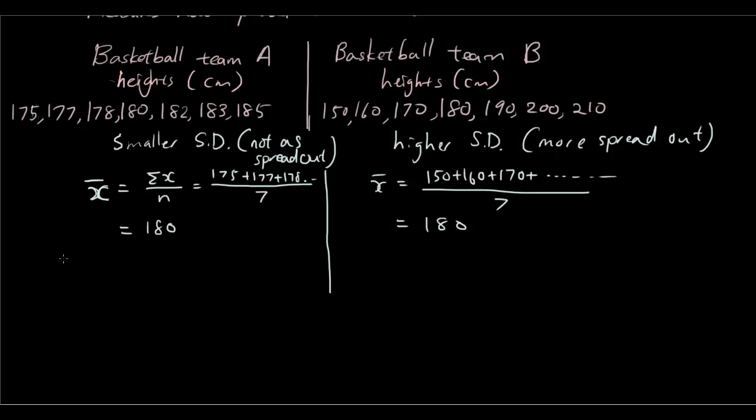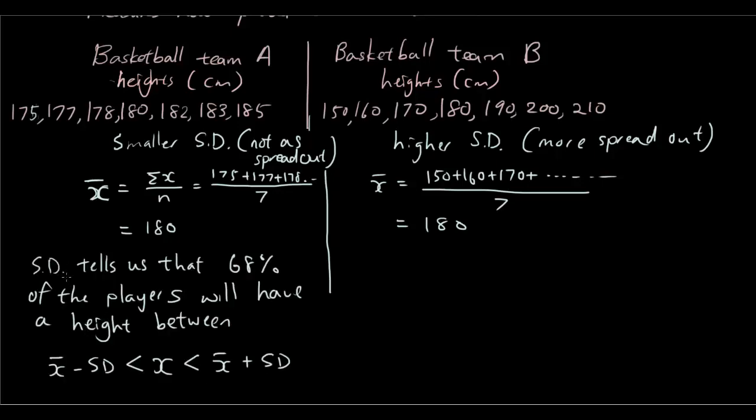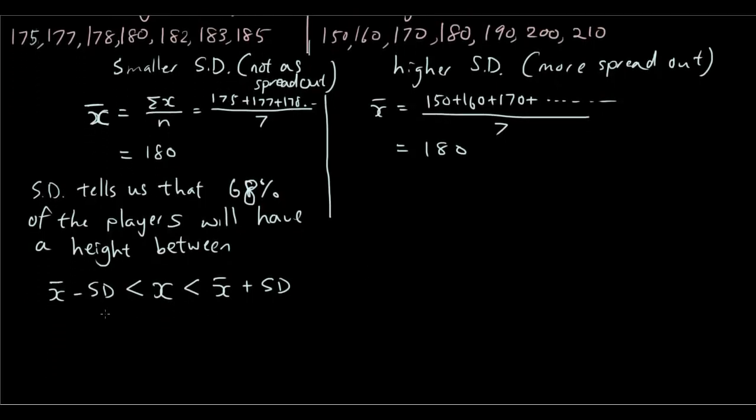So the standard deviation tells us that 68%, let me just make that clear, 68% of the players will have a height between the mean minus the standard deviation and the mean plus the standard deviation. So we haven't calculated what the standard deviation is yet, but let's say the standard deviation was 3.